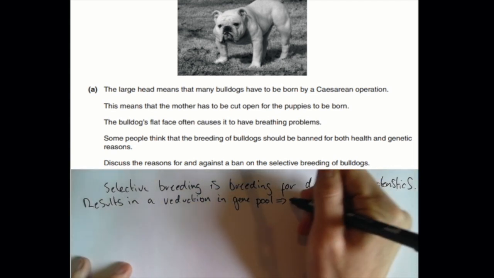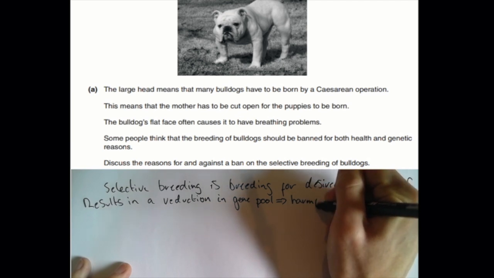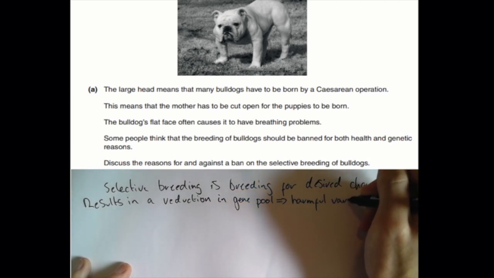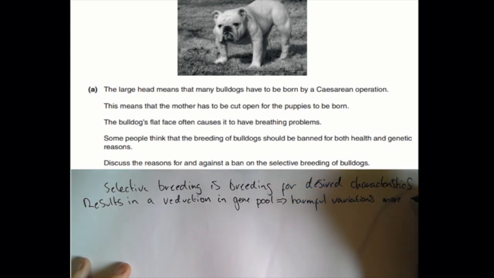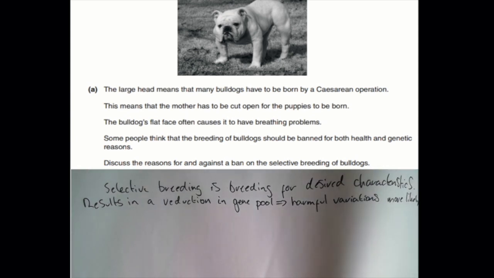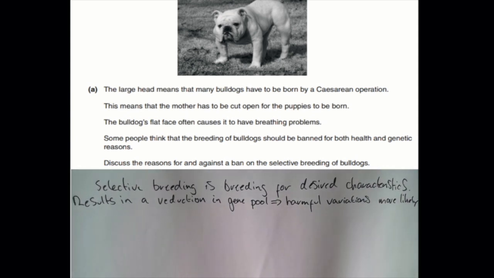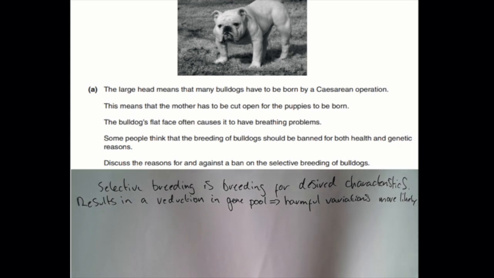And this means harmful variations are more likely. Okay, I know where these come from, I know the problems. Harmful mutations are more likely because of this reduction in the gene pool.